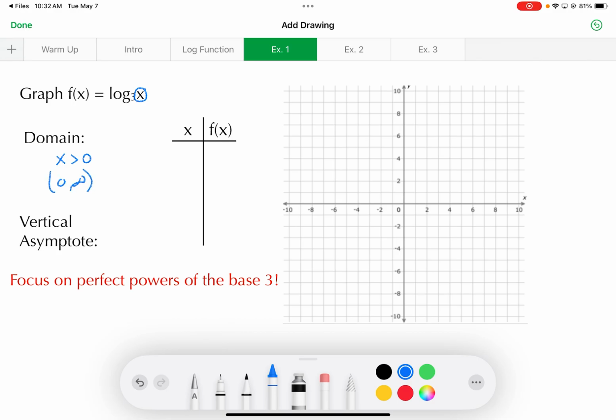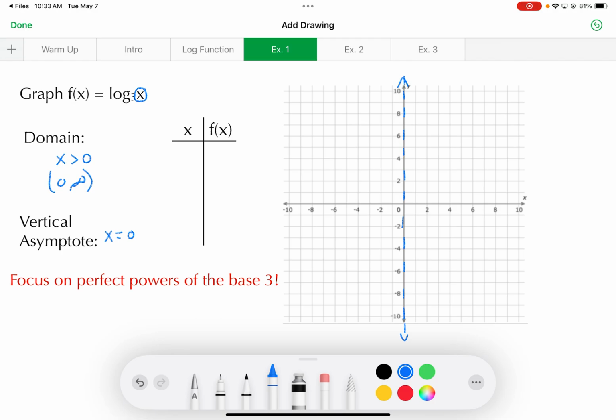That's nothing new; we've said all along you cannot take the logarithm of a negative value. What that tells me is the vertical asymptote should be at x equals 0. Let's draw that in as a dashed line.